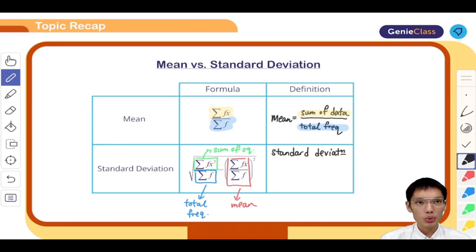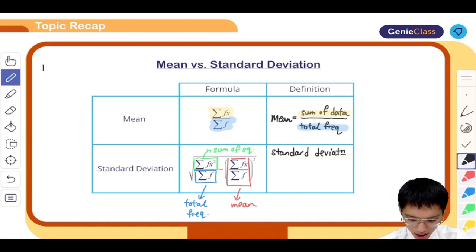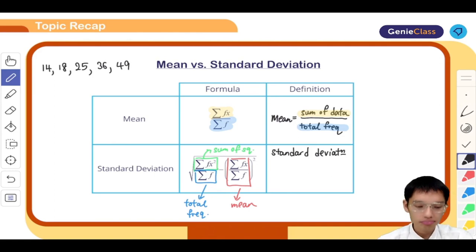What we are doing here, let's say given this mean over here, we are actually trying to find out, say for example, let me have a data set. Say 14, 18, 25, 36, 49. What we are essentially doing there, suppose we calculate the mean. I can't mental sum right now. 32, 57, 94, and then 143.